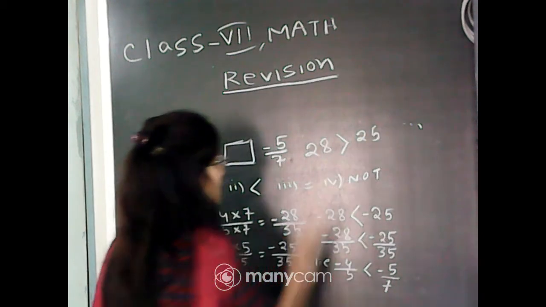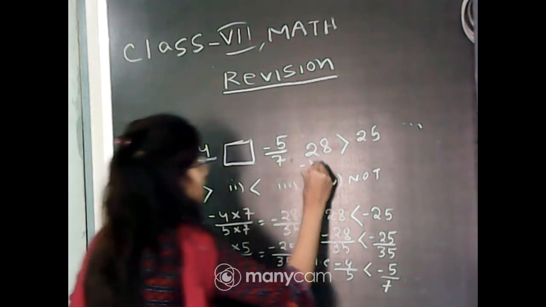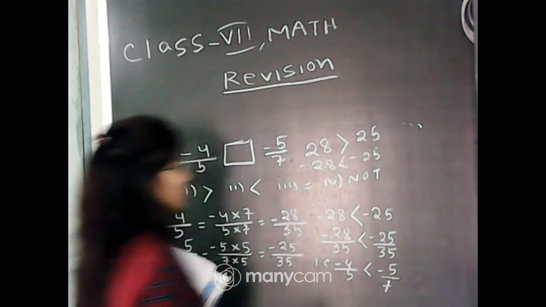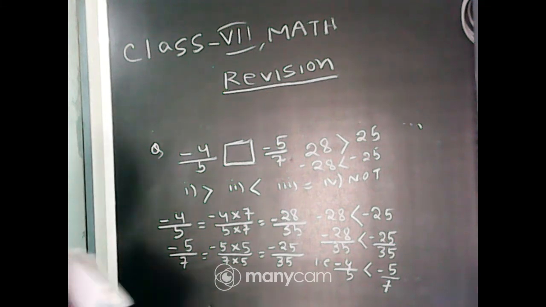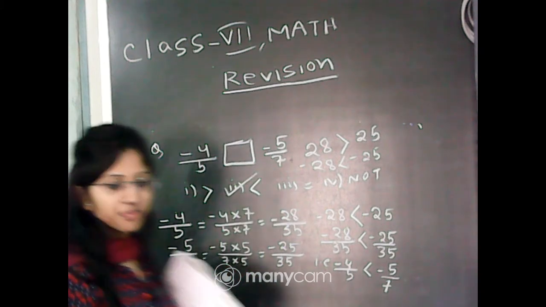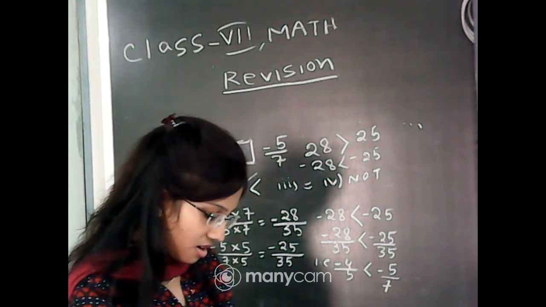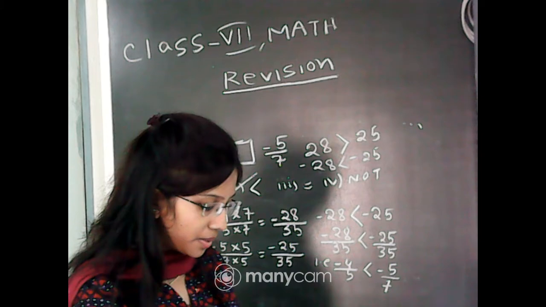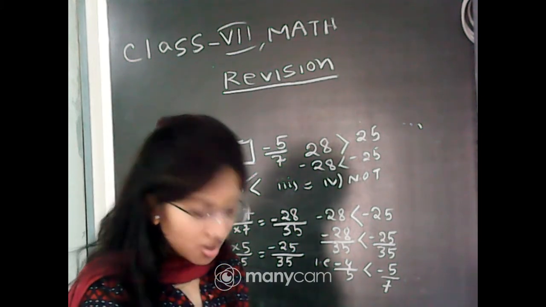So when we multiply by negative sign, greater than will be less than, isn't it? When we multiply both sides of greater than by negative sign, greater than will be less than. So option 2 is the correct answer. Okay, clear? The math is clear to everyone? Okay, very good.